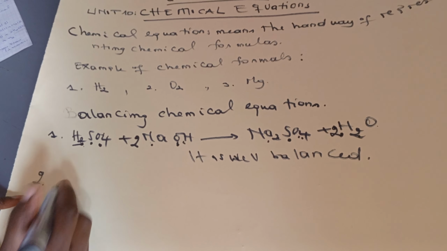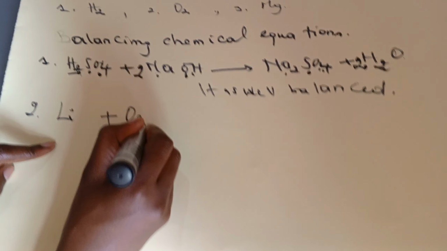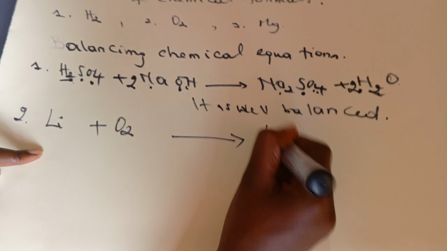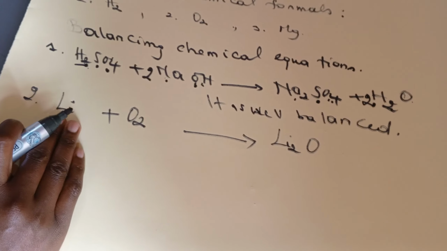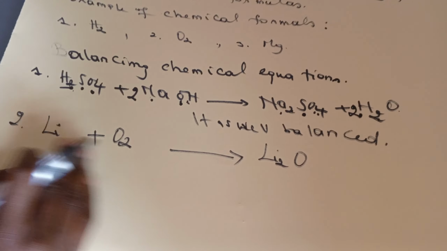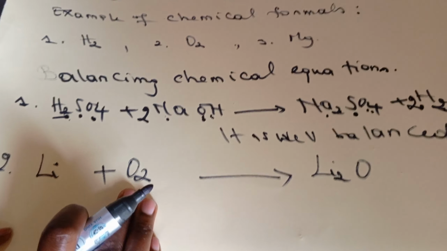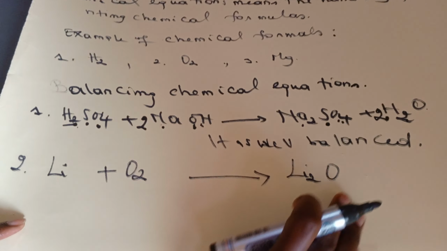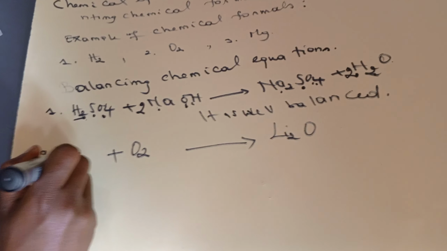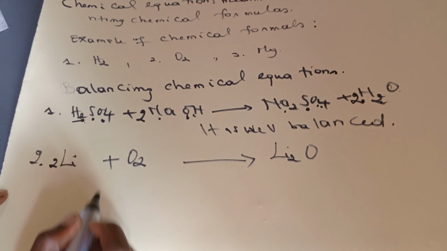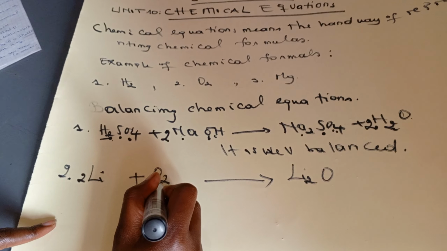Example number 2. When we take lithium reacting with oxygen, we get lithium oxide. Here there is 1 lithium in the reactant, but in the product there are 2. For oxygen, there are 2 oxygen in the reactant, but in the product there is 1 oxygen. We have to put 2 here, giving 2 lithium in the product and 2 oxygen in the reactant.